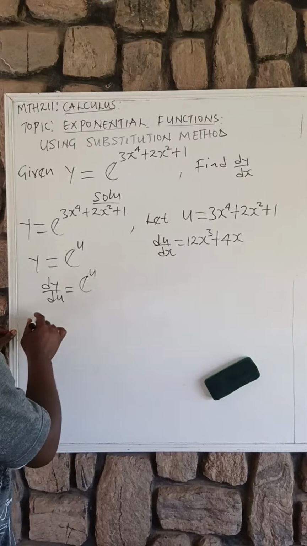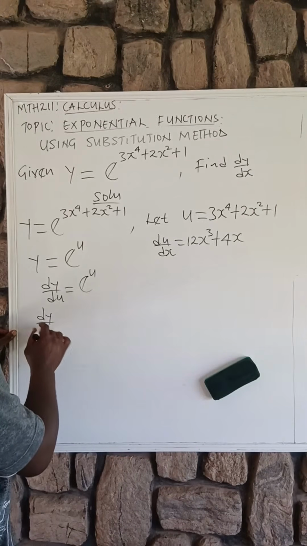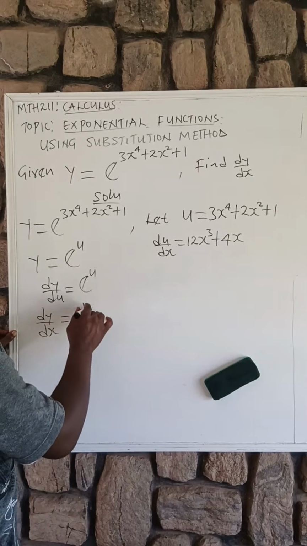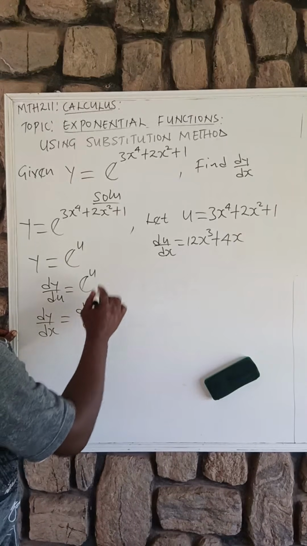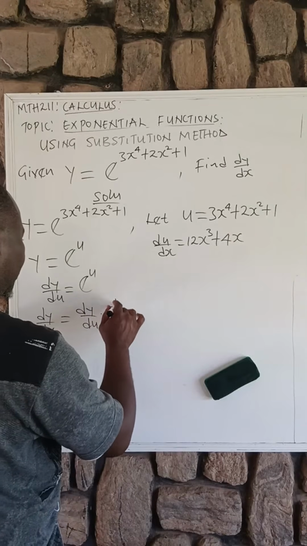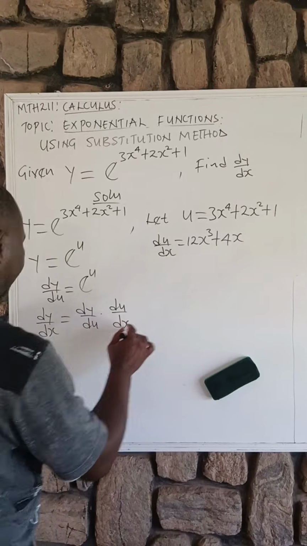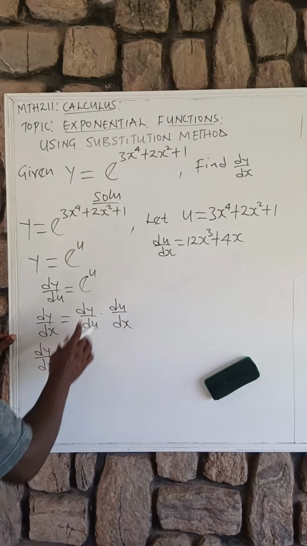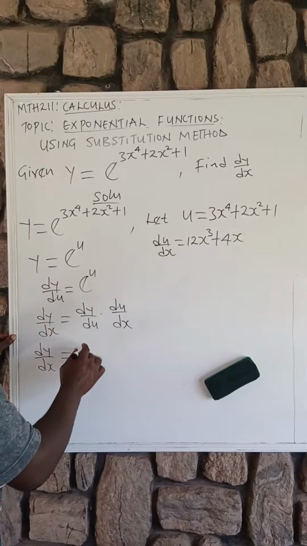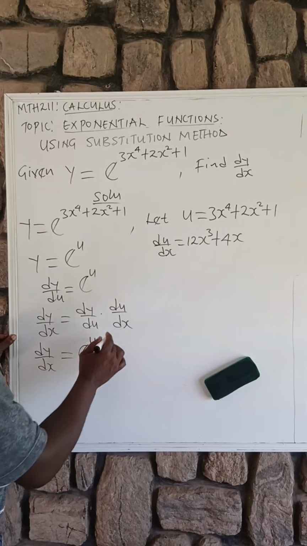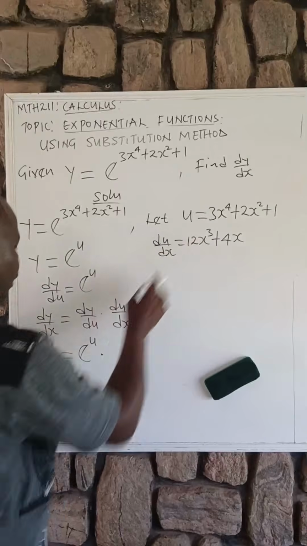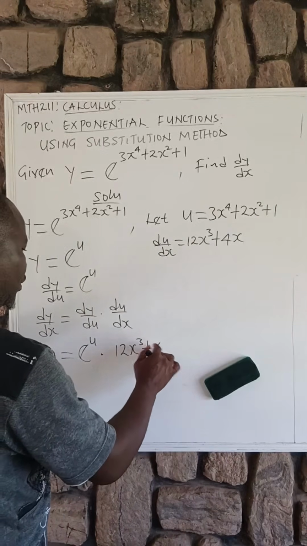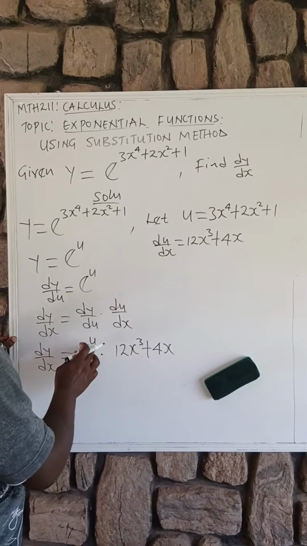Our chain rule will now be dy over dx equals dy over du times du over dx. So dy over dx equals, what is dy over du? Exponential u, times du over dx, which is 12x raised to power 3 plus 4x. Then what is our u?